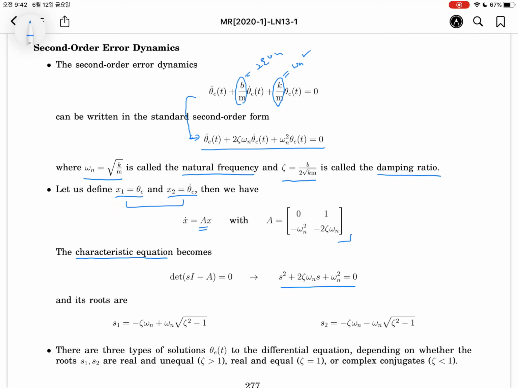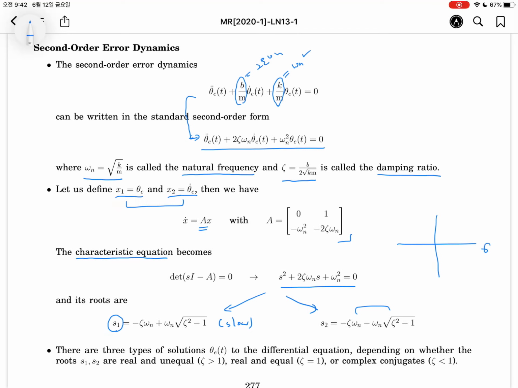Each root can be obtained using the quadratic formula. So we have a first root and a second root. If zeta is larger than 1, this is the slow one. This is small, near to the origin compared to S2, because negative minus negative will be a big negative value.